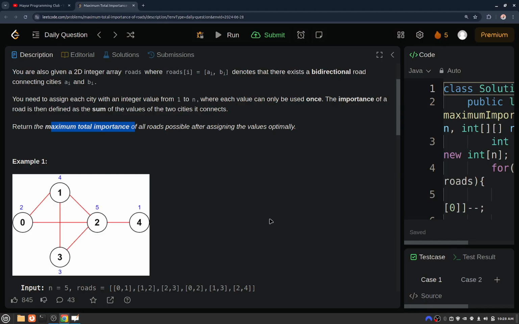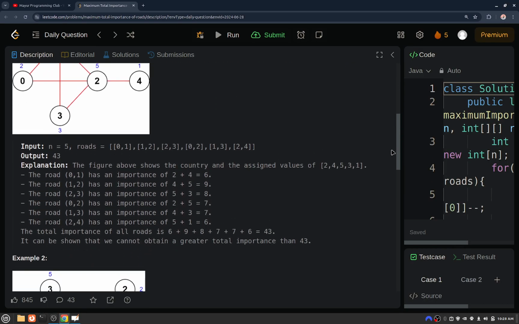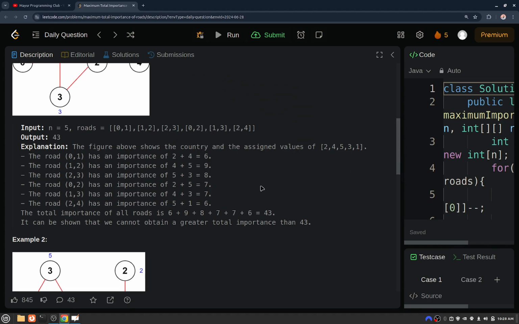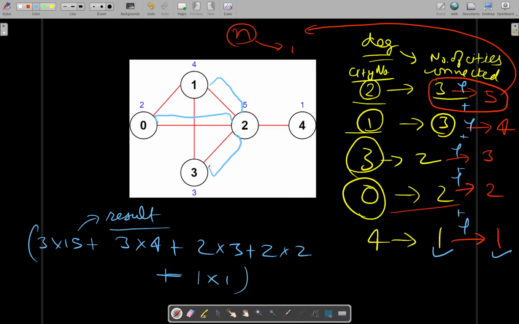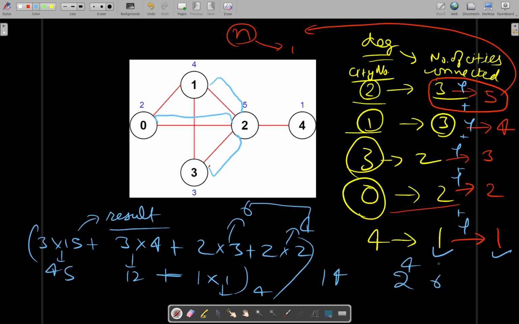So you can very well see that this will indeed be the result. And if you do a total also, then it will come out to be exactly what we are requiring. Okay, so you can sum this up and it will be exactly the number that we are wanting.